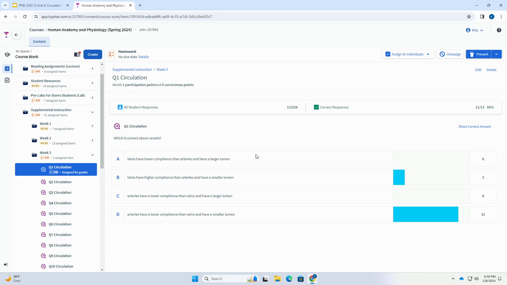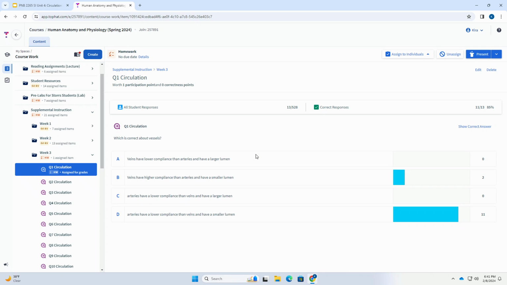So veins have a higher compliance. They're able to stretch more easily. And the second part of this question is about the lumen. Do arteries or veins have a larger lumen? Does anyone know? Arteries have the smaller lumen because they're not stretching, like the veins are.